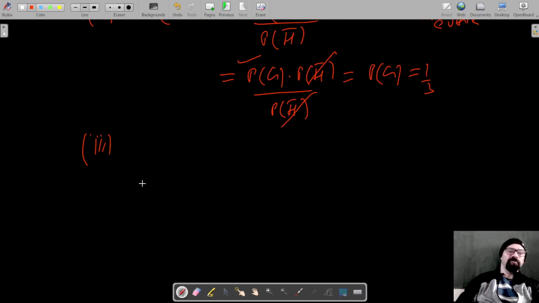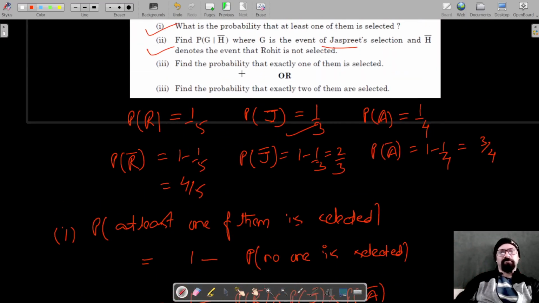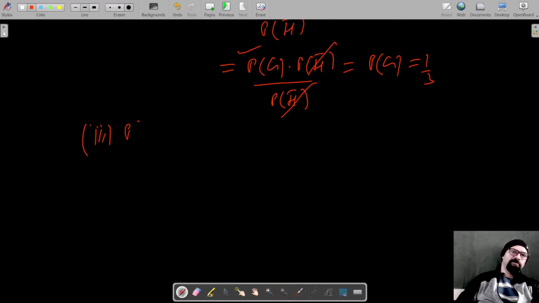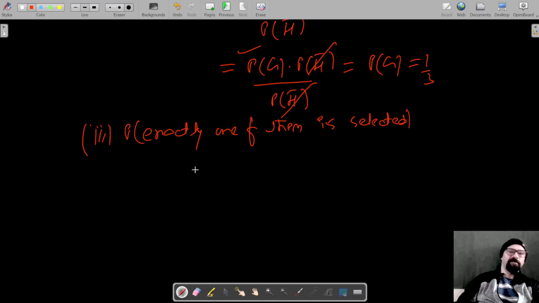Okay, for the next part, we have to find the probability that exactly one of them is selected. So there are three. Probability that exactly one of them is selected means that one is selected and the other two are not selected.